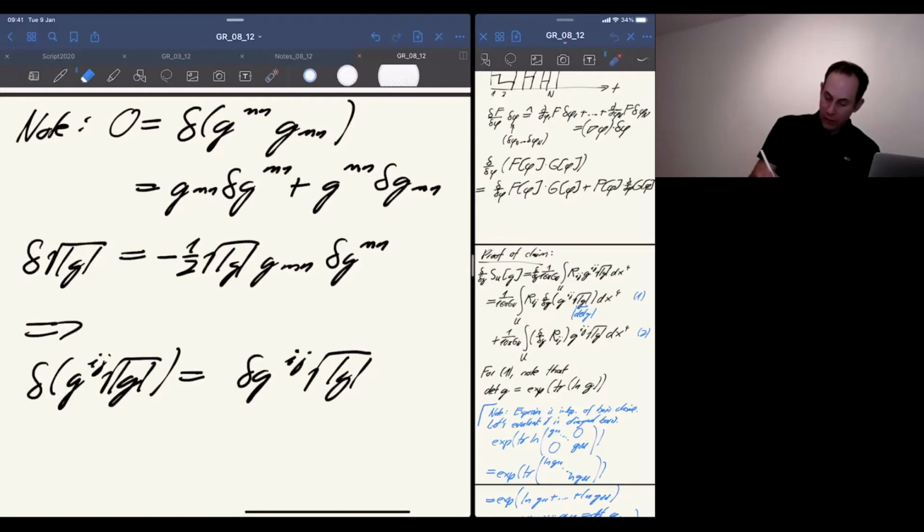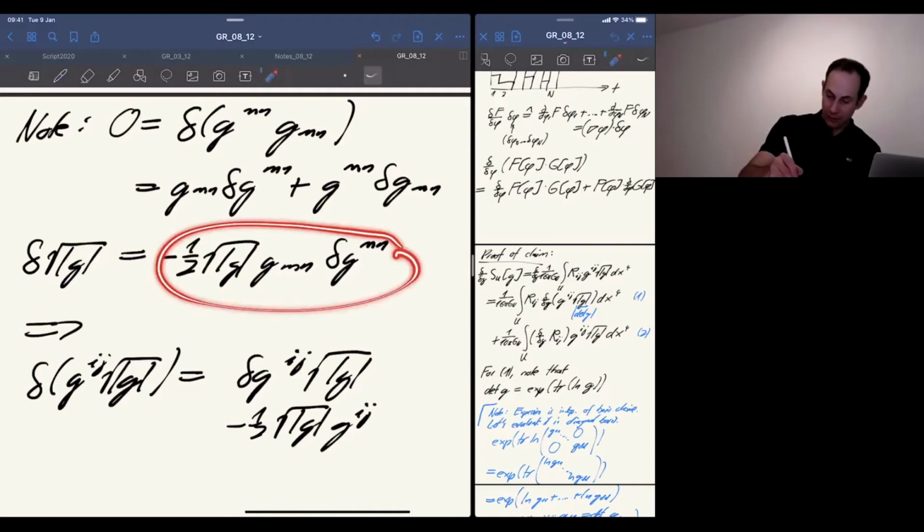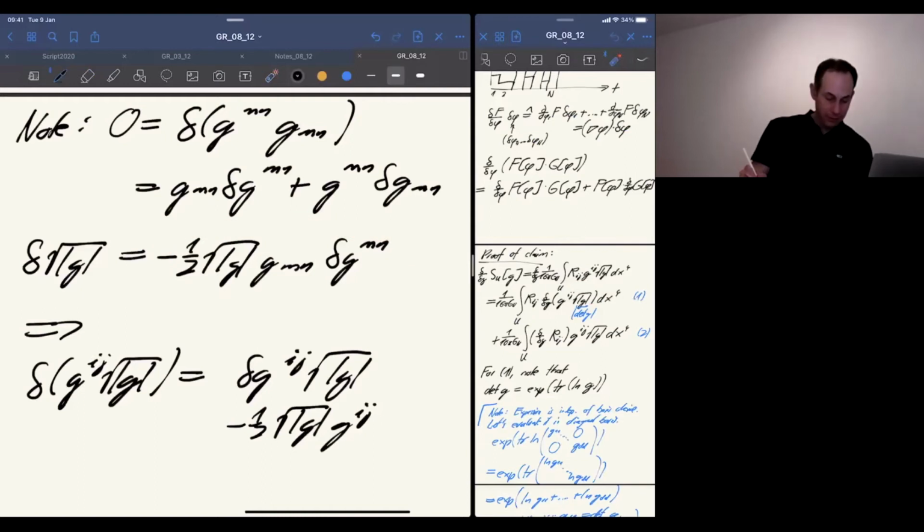And then minus 1/2 g, and then g^ij. Oh no, yeah, so that's still that part here. And then times the derivative, which is this whole part. I already put the minus 1/2 in, which is giving me g_mn. So I'll just copy what I got above, times delta g^mn with upstairs indices.